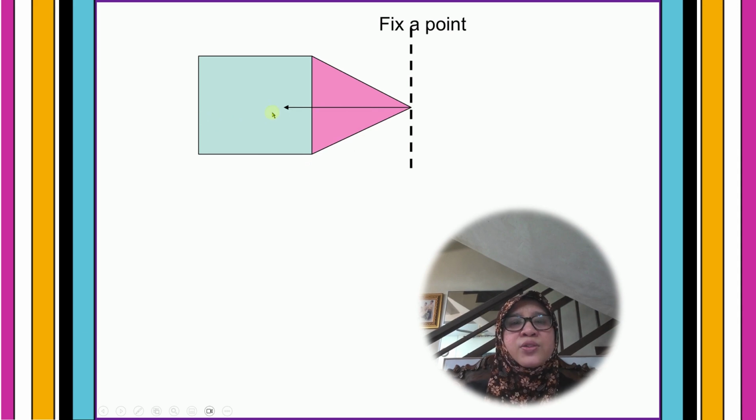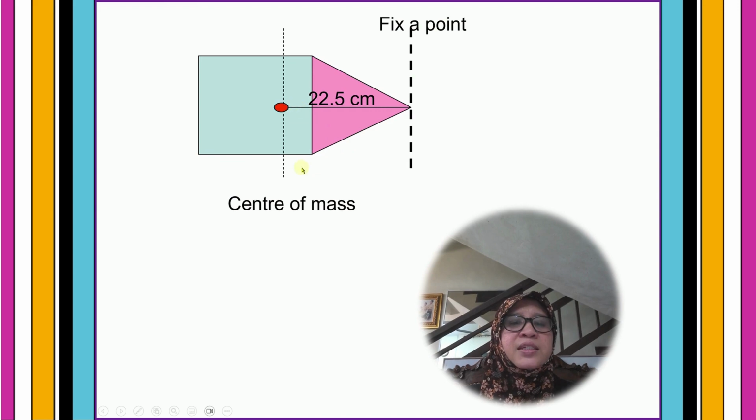So 22.5 centimeter is somewhere here. Because the length here is 17 point something just now, that means a little bit in front, so it's 20.5. So that's the answer, the center of mass of the system.